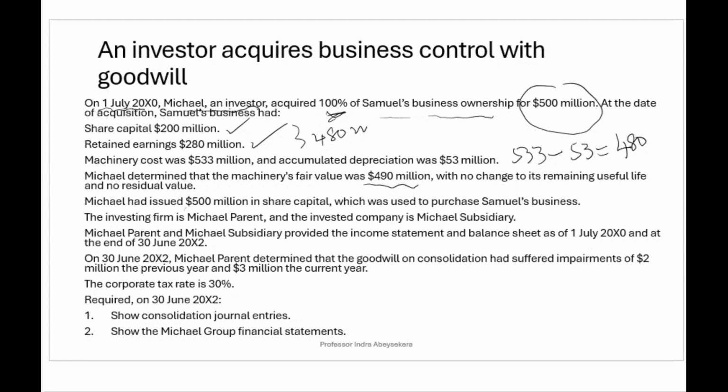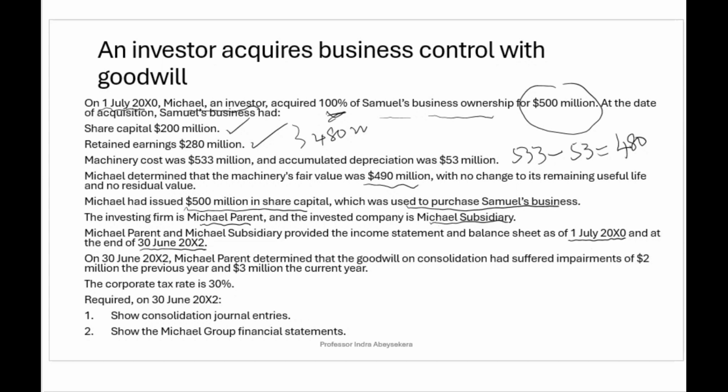Michael had issued $500 million in share capital, which was used to purchase Samuel's business. The investing firm is Michael parent, and the invested firm is Michael's subsidiary. Michael parent and Michael's subsidiary provided the income statement and the balance sheet as of 1st July 20X0, date of acquisition, and at the end of 30th June 20X2, 2 years after.